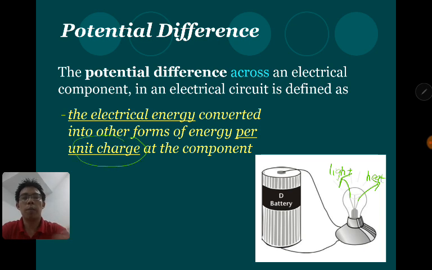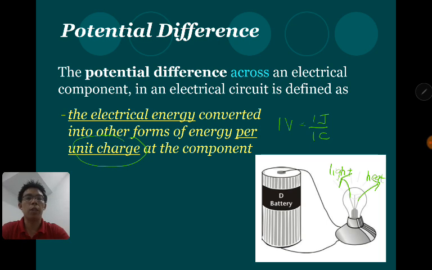So what is meant by per unit charge here? That is, for each unit of charge, that will be the equivalent electrical energy converted. So let's say you have 1 volt as the potential difference, that will be equivalent to 1 joule of energy divided by 1 coulomb of charge.